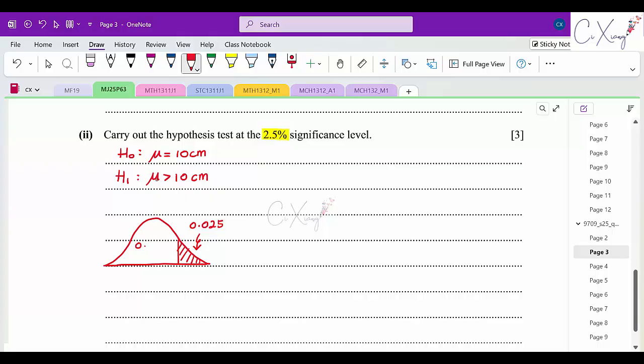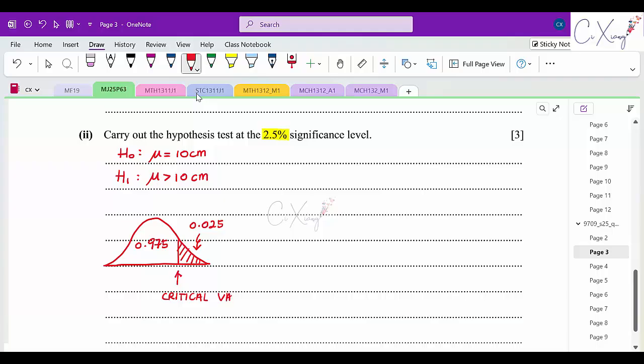So the big white area here will be 0.975. I want to know the critical value. The critical value is the border value that separates the rejection region and the acceptance region.